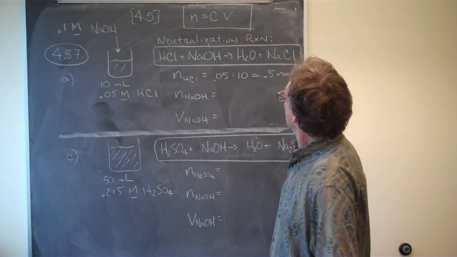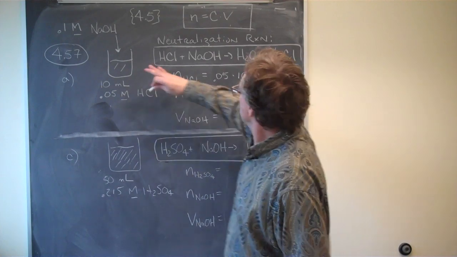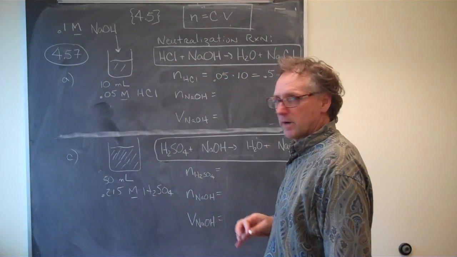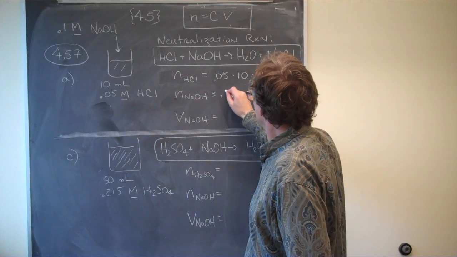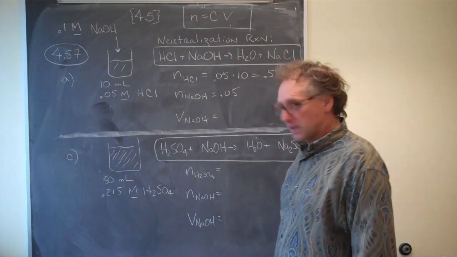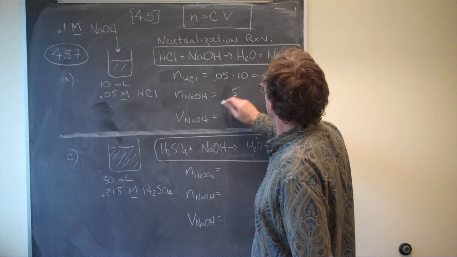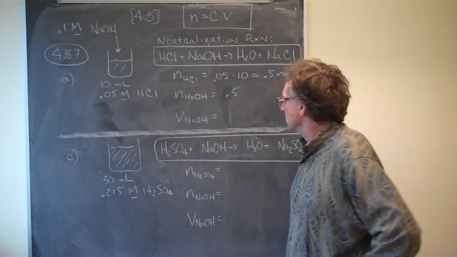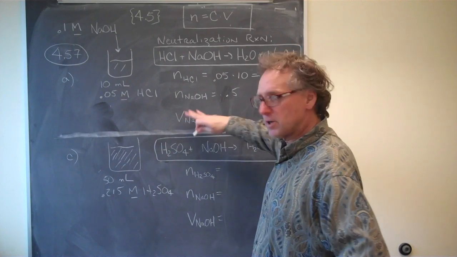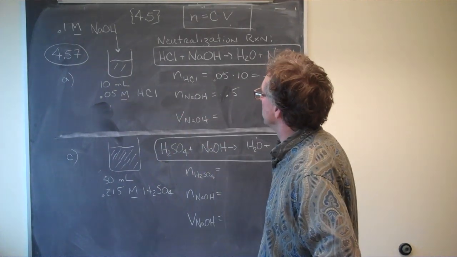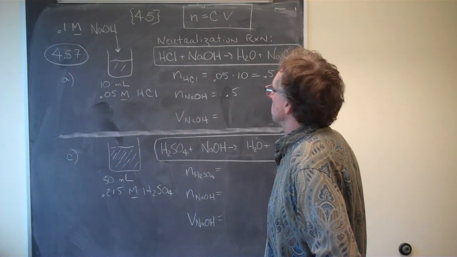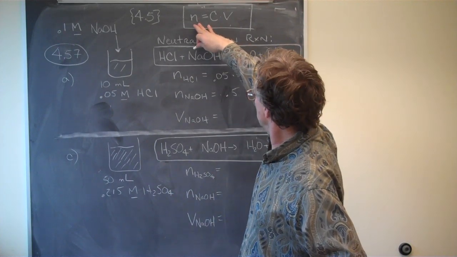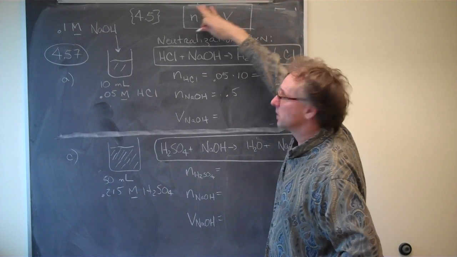Okay, so that's fine. And as I said before, since it's a one-to-one stoichiometric ratio between the HCl and the sodium hydroxide, I know that I need to add 0.5 millimoles of sodium hydroxide. And then finally, what volume of sodium hydroxide do I need to add? You can almost intuit this, but let's work it out. I'm going to use this equation here.